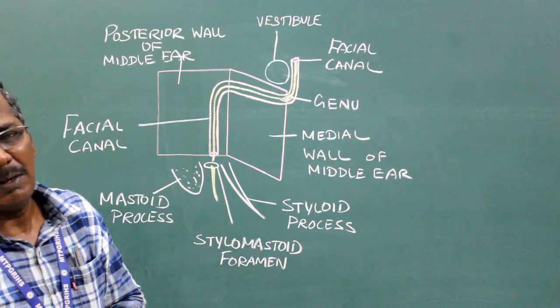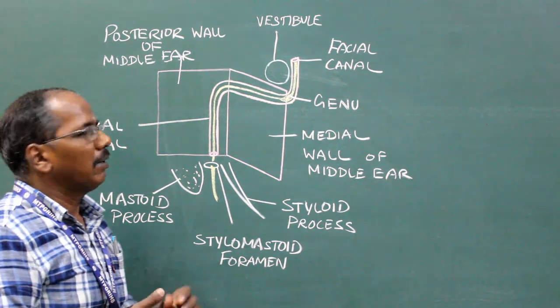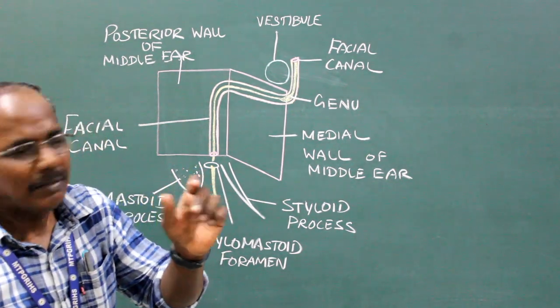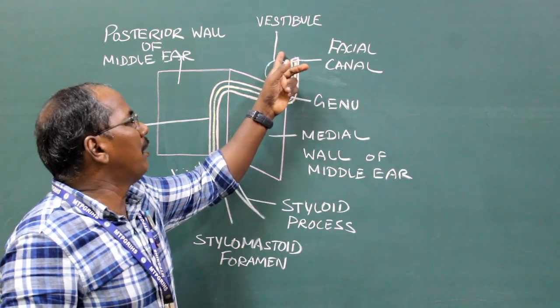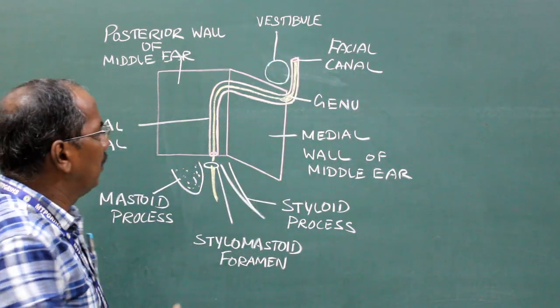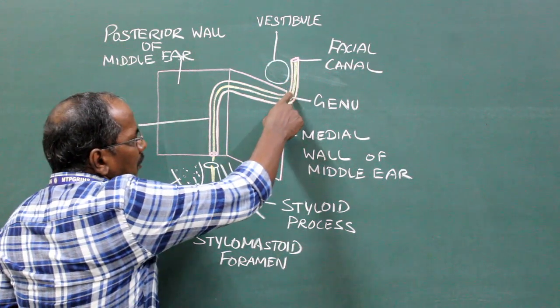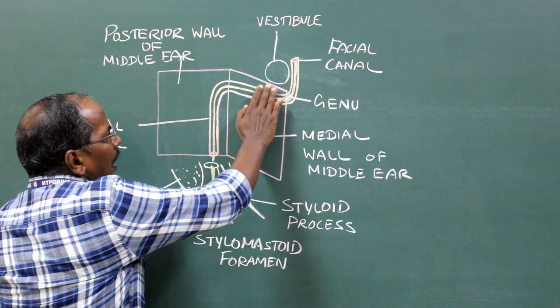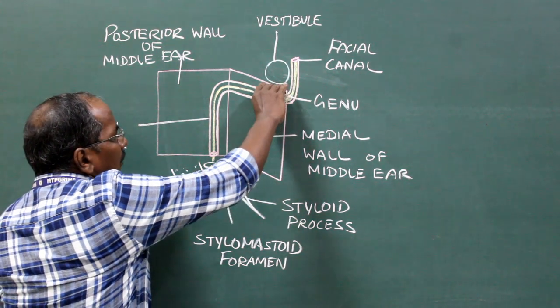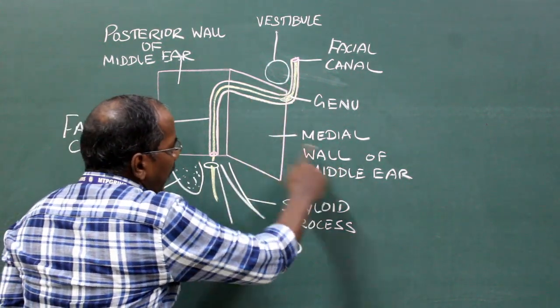Number three, mastoid part. The labyrinthine part of the facial canal starts above the vestibule and bends to reach the anterior-superior part of the medial wall of the middle ear.